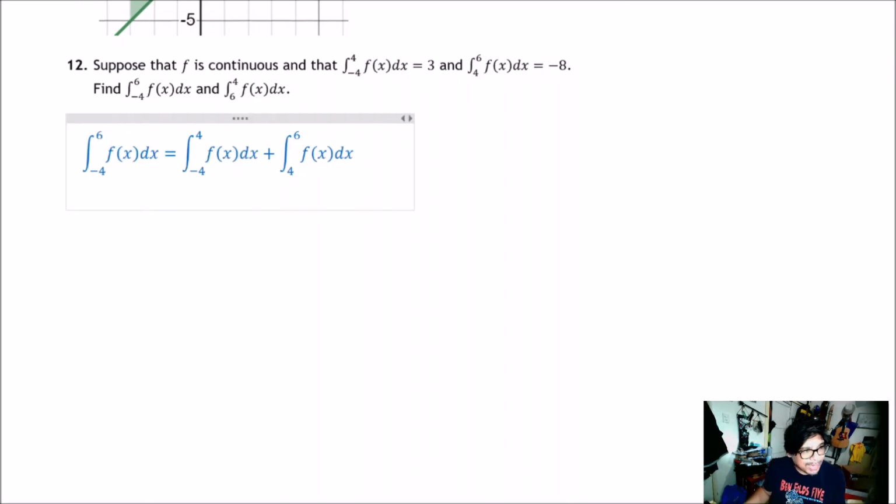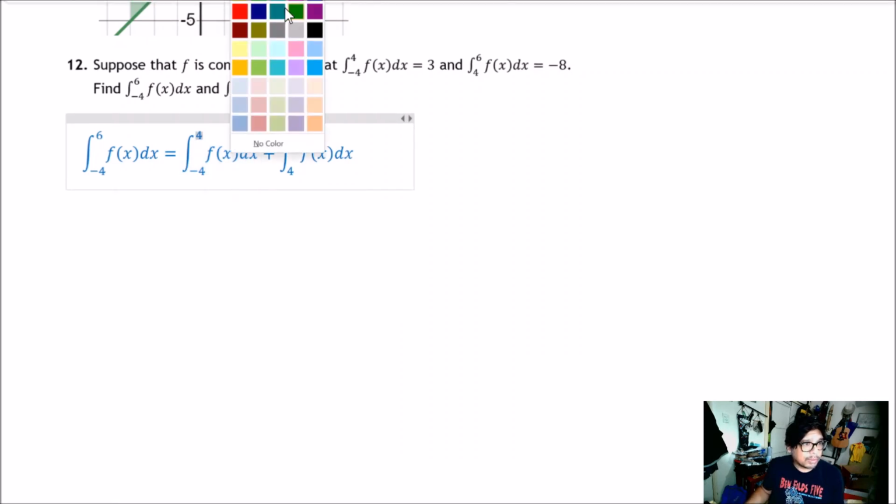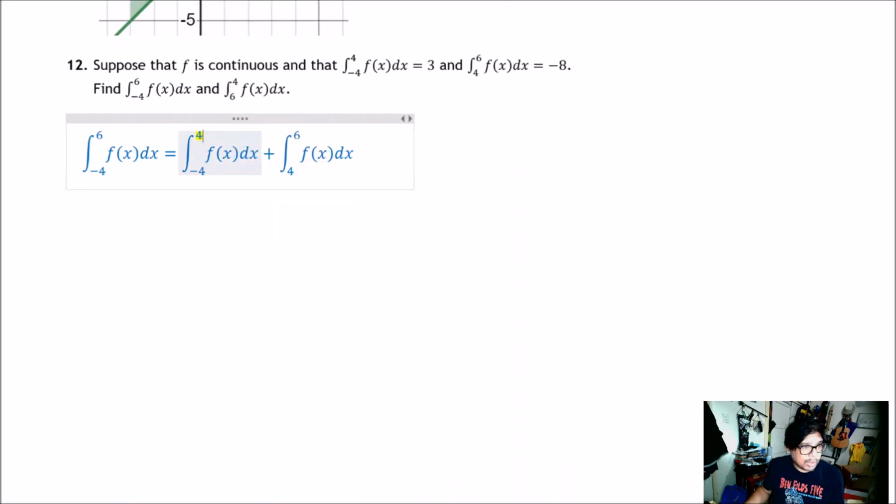So to be sure, we can separate this integral from -4 to 6 at x equals 4, noticing that the upper limit of this first integral, which is 4, matches the lower limit of this second integral. Again, that's equal to 4. So if they match, these two integrals should be exactly the same.